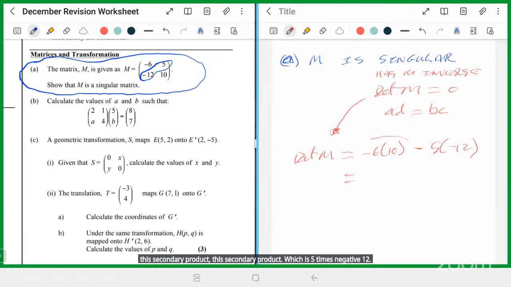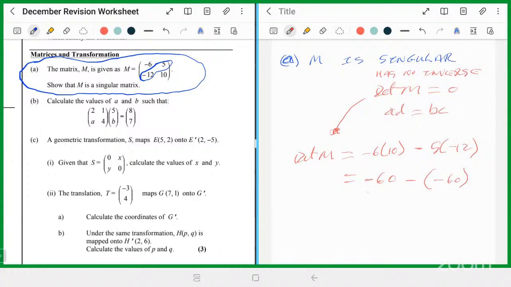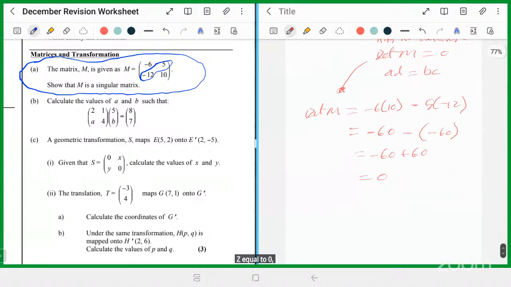Now this is negative 60 minus this is also negative 60. So negative 60 minus negative 60 gives you 0. Or you could say this minus becomes a plus, and you get negative 60 plus 60, same as 60 minus 60, which is equal to 0. Because the determinant is 0, it means that M is singular. Therefore, M is singular.